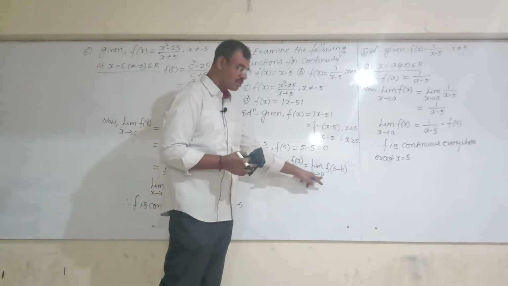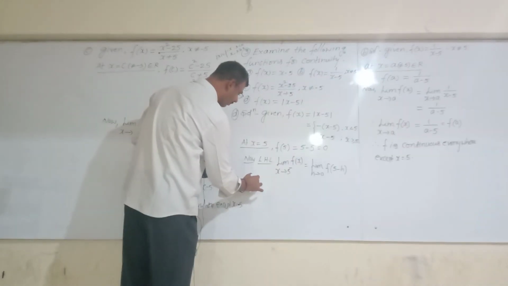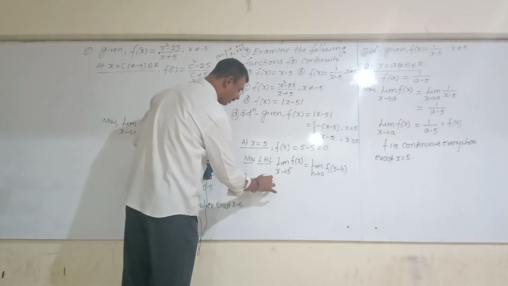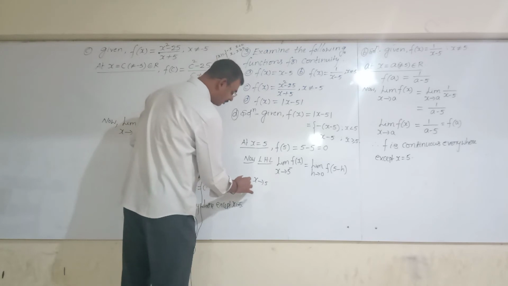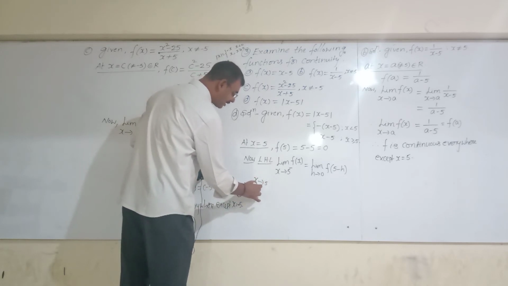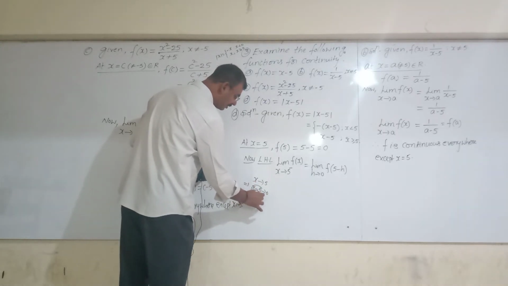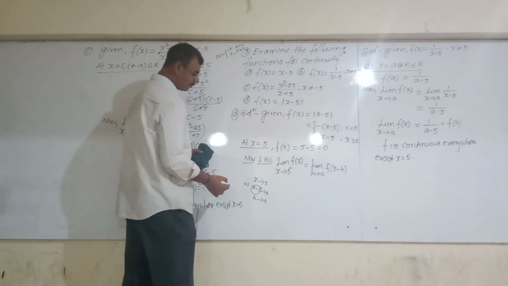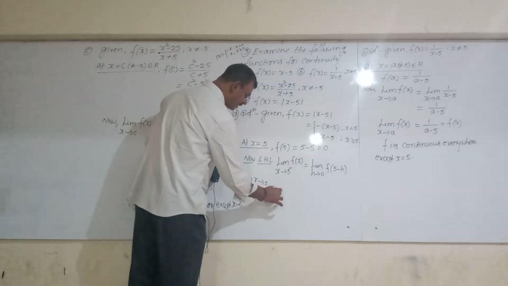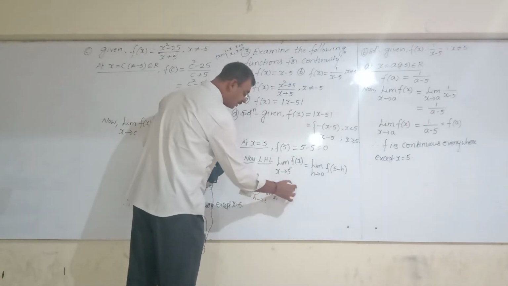As h tends to 0, I will show clearly here. x tends to 5. Okay? This means approaching 5 from this side. x minus 5 tends to 0. I consider this as h. h tends to 0. Okay, that is x minus 5 is equal to h, meaning x is equal to what?